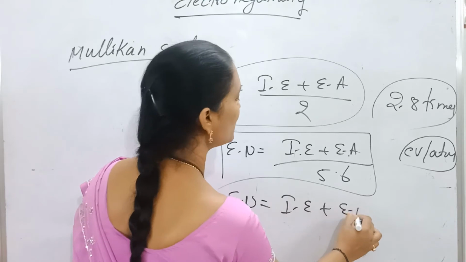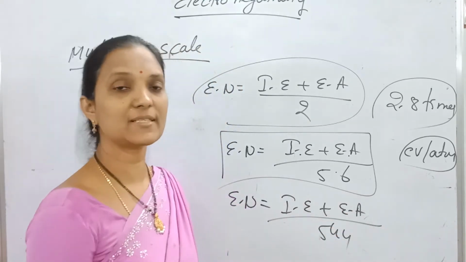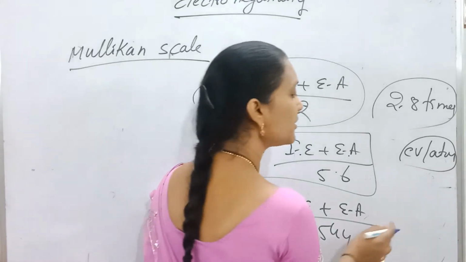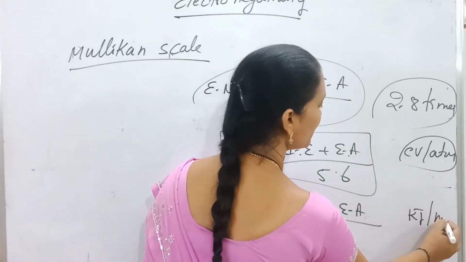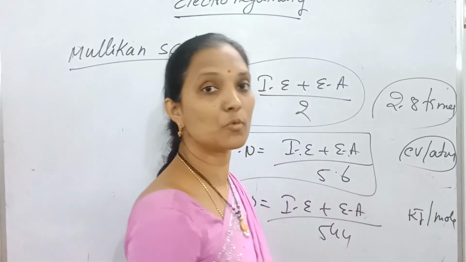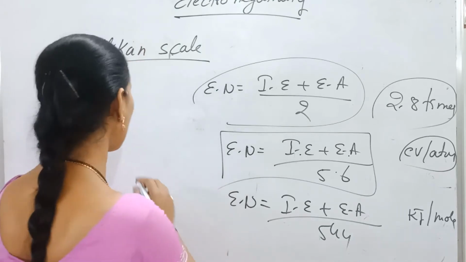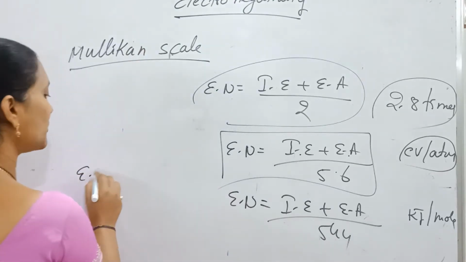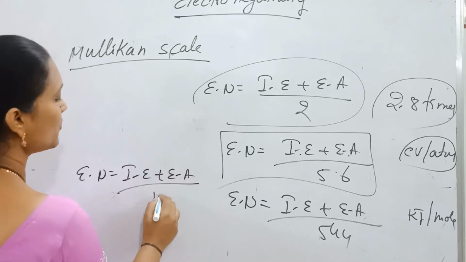If kilojoule per mole is given, we have to convert electron volt to kilojoule per mole. The formula is ionization energy plus electron affinity by 544. We use this formula when ionization enthalpy and electron affinity are given in kilojoule per mole. If kilocalories are given, the formula is ionization enthalpy plus electron affinity by 125.